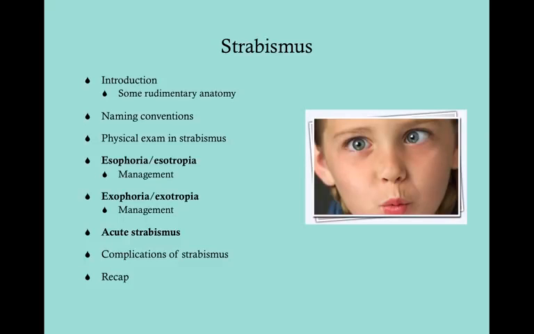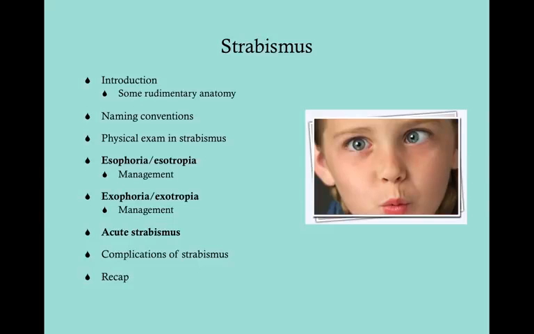So we'll do an introduction with some introductory factors, some rudimentary anatomy that's going to be concerned when we talk about the eyes and their movement, extraocular muscles, some of the naming conventions. So when you see that the patient has a non-paretic esophoria, you know what that means, as opposed to a paretic comitant exotropia.